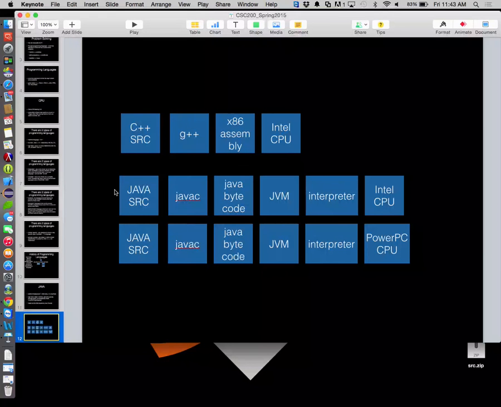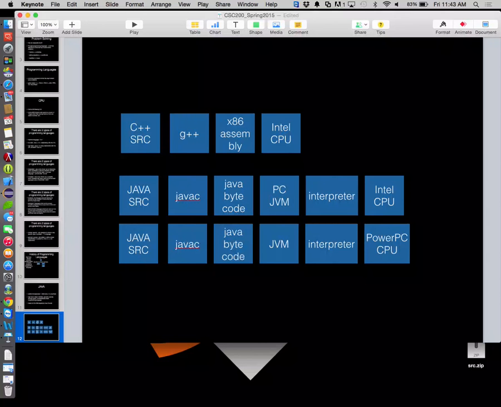What they did is instead of relying on the programmer to rewrite their source code, like we had to do before, when the guy who wrote the video game for PC had to then go and rewrite his C++ code for Mac. Rather than relying on the programmer to rewrite their code, what Sun Microsystems did is they said, you know what? We will port, that's what it's called to rewrite your code. We will port the virtual machine over.